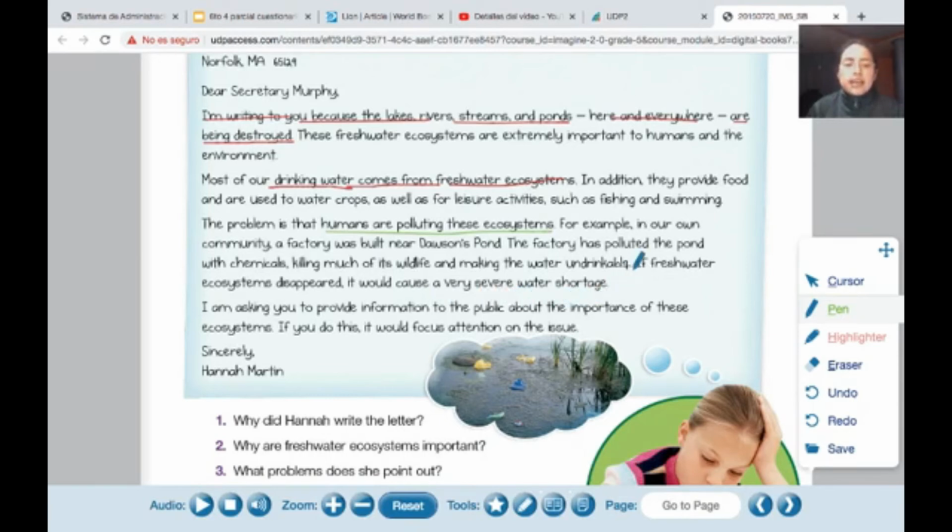In this case, this sentence is using the second conditional. Why? Because they use the clause if. The sentence is using the clause if and the verb in past, comma, and the second part with the modal would. Aquí vemos que esta oración está ocupando el segundo condicional. ¿Por qué? Porque está ocupando la cláusula if, el verbo en pasado, la coma, y la siguiente oración viene con el modal would.